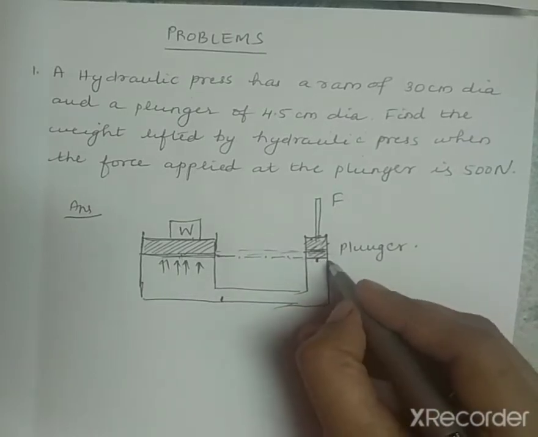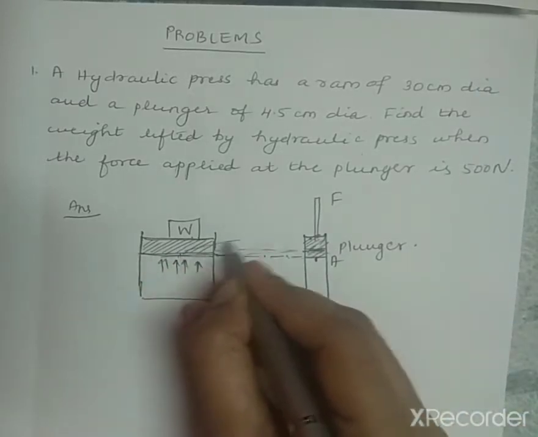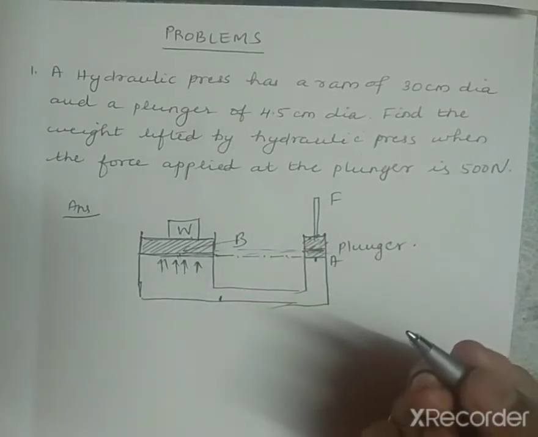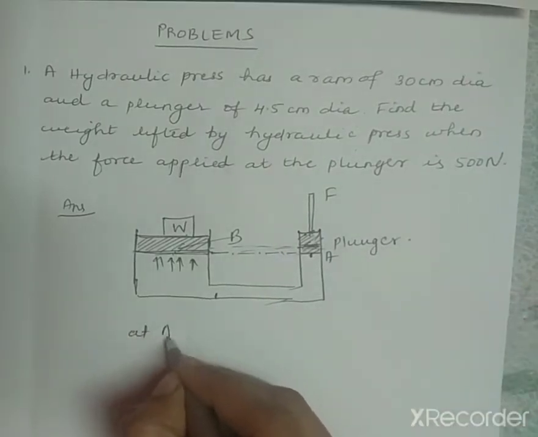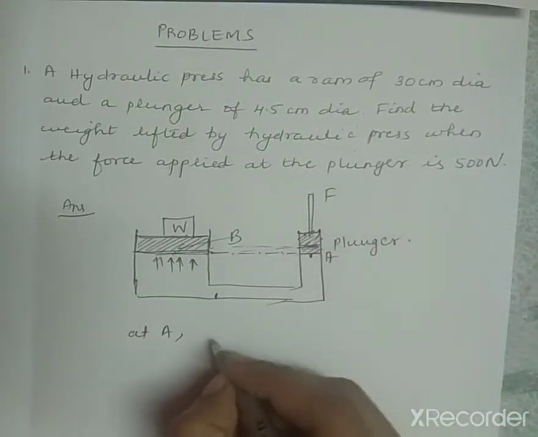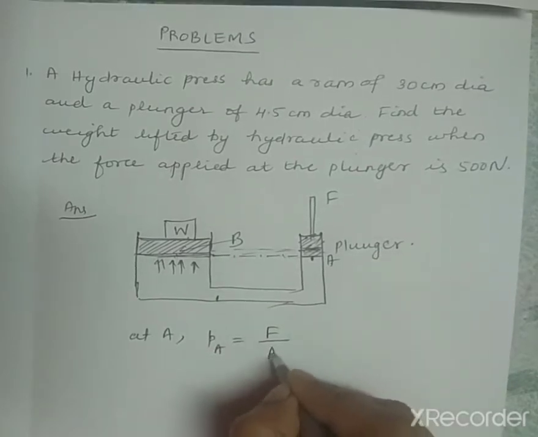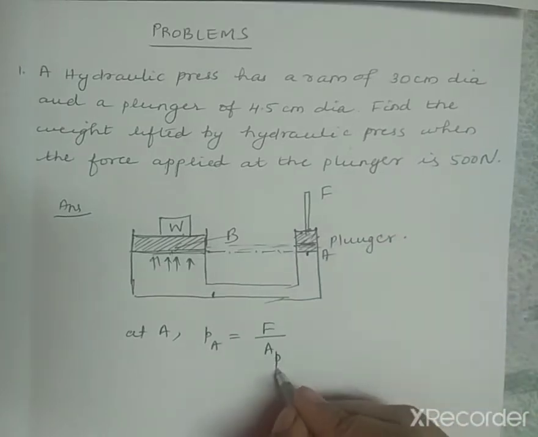So let this be A, and let this be B. So at A, what is the pressure intensity? P at A is equal to F by the area of the plunger. The area of the plunger I am taking as AP.